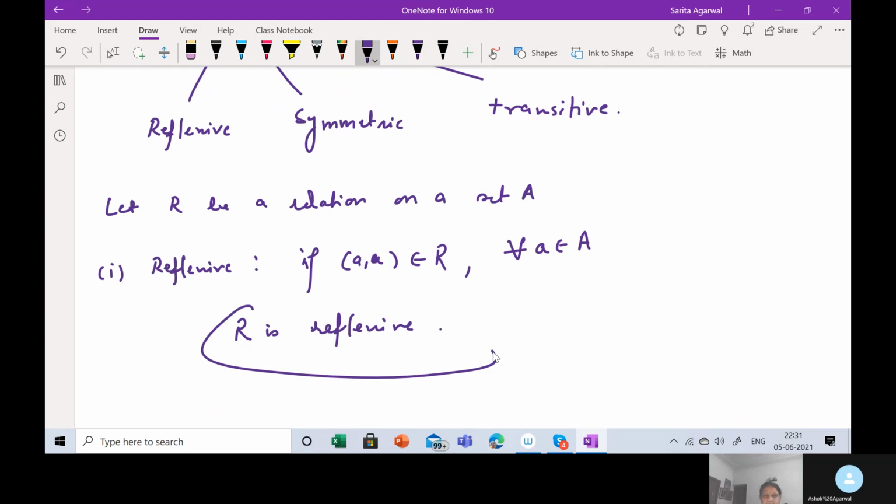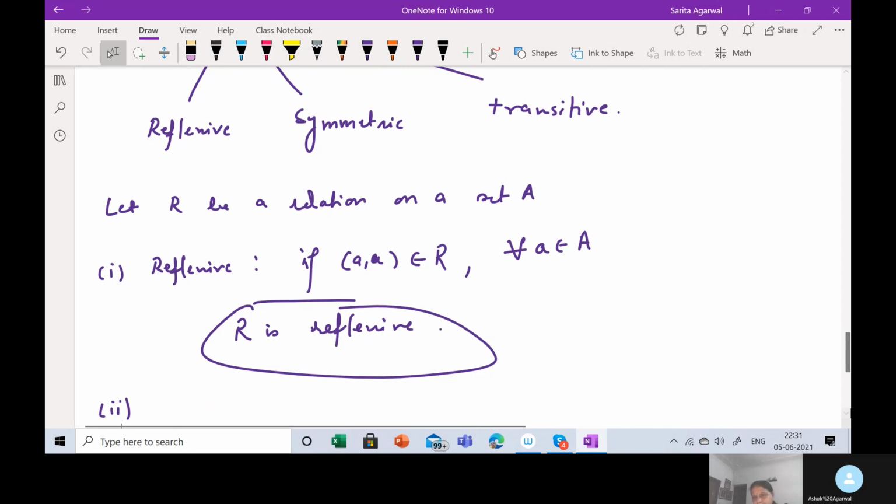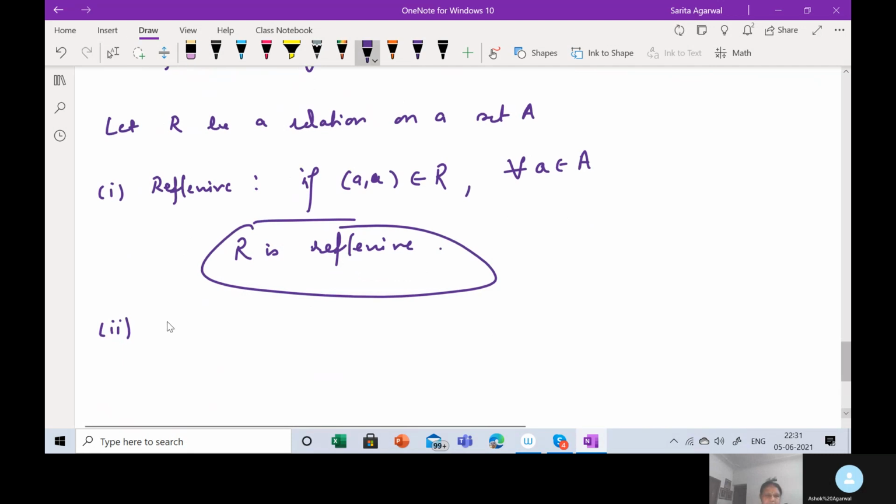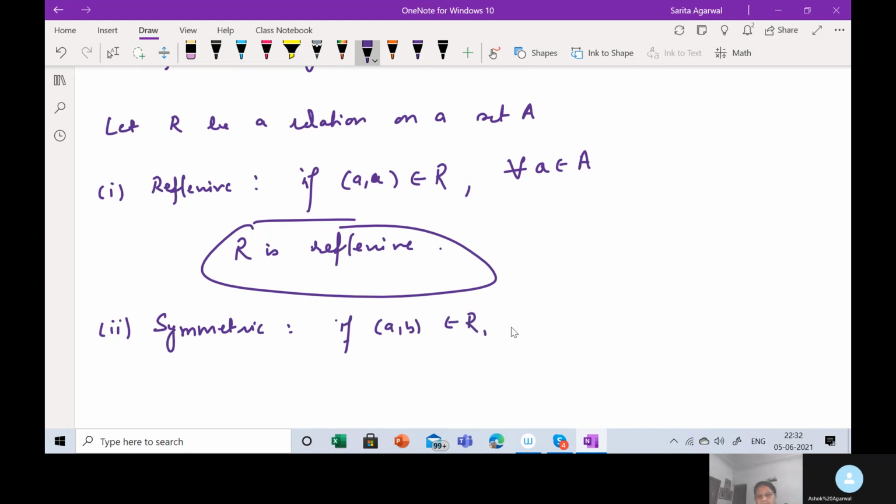Second is symmetric. If (a, b) belongs to R, then (b, a) belongs to R for all a and b belonging to A. In this situation, we say that R is symmetric.